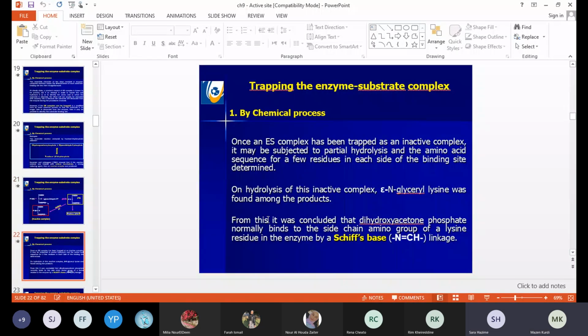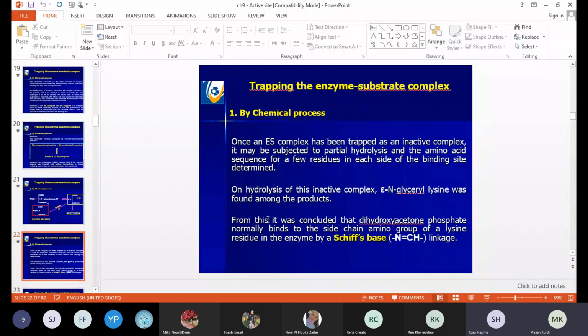So once the ES complex has been trapped as its inactive complex, it will be subjected to partial hydrolysis, and the amino acid sequence for a few residues on each side of the binding site will be determined. And on hydrolysis of this inactive complex, they were able to identify the N-glycerol lysine found among the products.